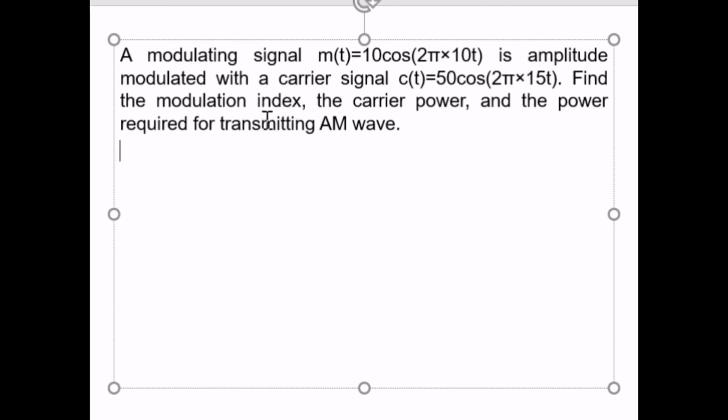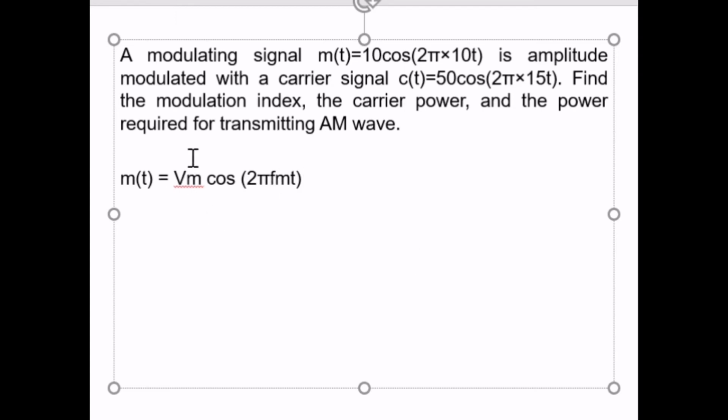For m(t) equal to 10 cos 2π times 10t, if you look at the equation, the general equation should be like this: m(t) equal to Vm cos 2π fm t.